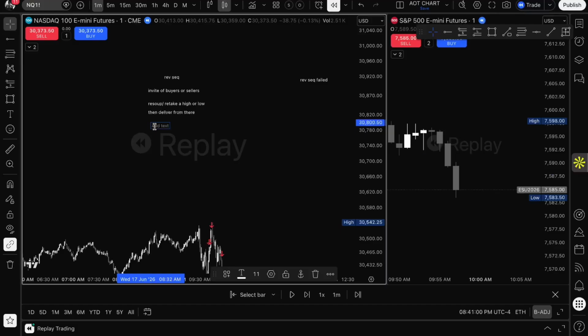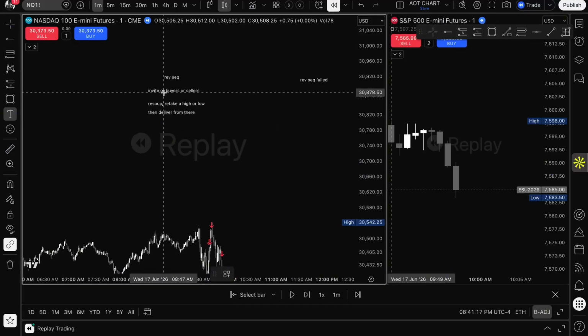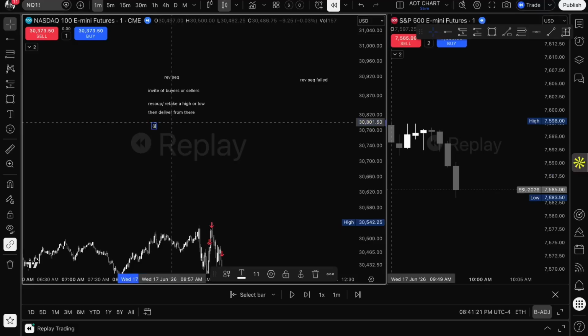But a reversal sequence is as close as you're gonna get to being able to pattern trade my strategy, because you kind of can pattern trade it, but you still have to have narrative, right? This is usually max 6 to 7 candles max.